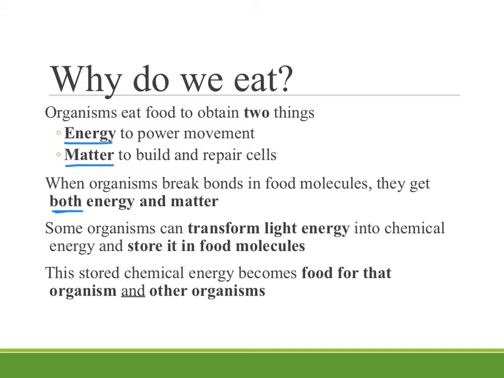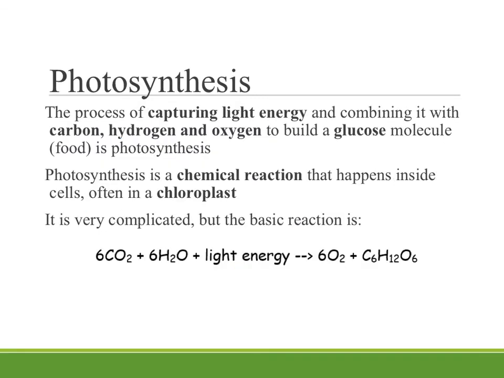Some organisms, again, can transform that light energy into chemical energy, and then they store it into food molecules, molecules that they themselves can use as food, as can other organisms.